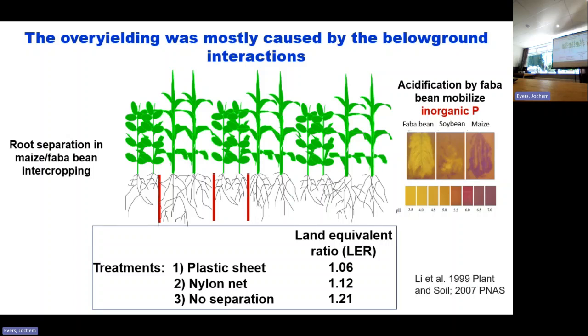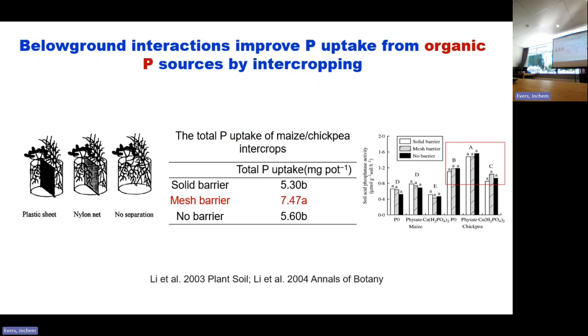So that means the faba bean can mobilize the sparingly soluble phosphorus in the soil, and then facilitate the P uptake by the maize. This is for the inorganic phosphorus. Then they also did other work about whether intercropping can facilitate the P uptake from the organic phosphorus.